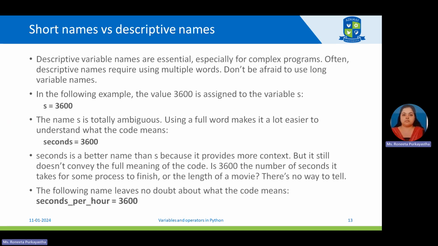If you write seconds is equal to 3600, that's a more meaningful name, but the best name would be seconds per hour is equal to 3600. You can see the variable name is separated by underscores, which is the only allowed special symbol in a variable name.